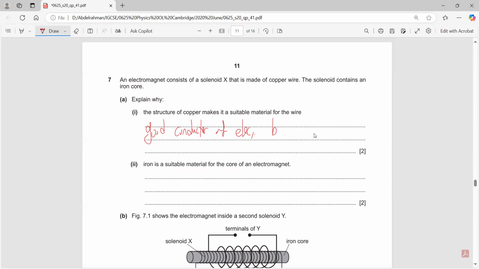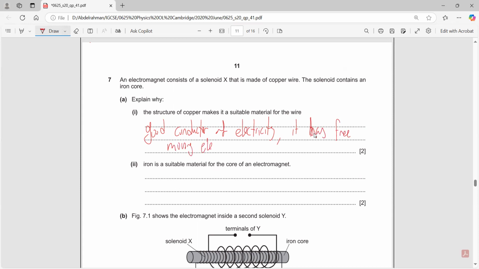Why? Because it has free moving electrons.